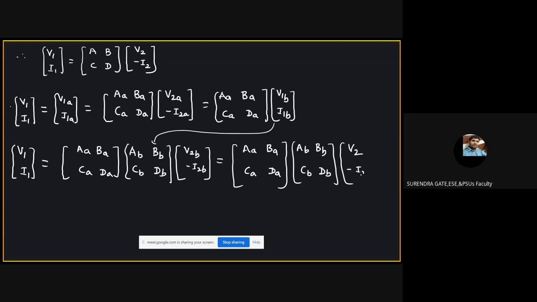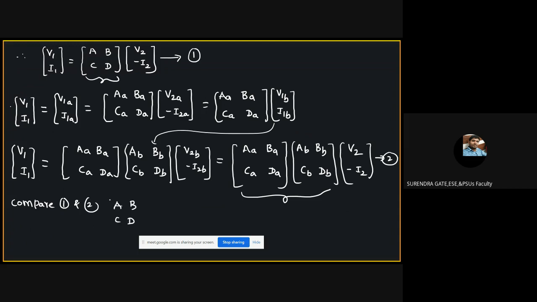Now see, let this be 1 and this be 2. Compare 1 and 2. Then this total is the resultant ABCD. What are the ABCD parameters in the resultant cascade connection?